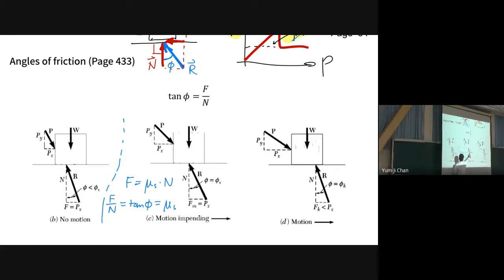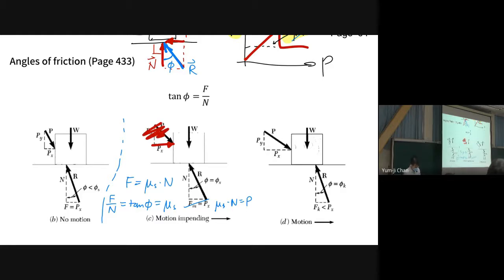And for this angle phi, tangent phi is equal to mu S, because F is equal to mu S times N. Let's make the problem simple, and assume P has only one direction.